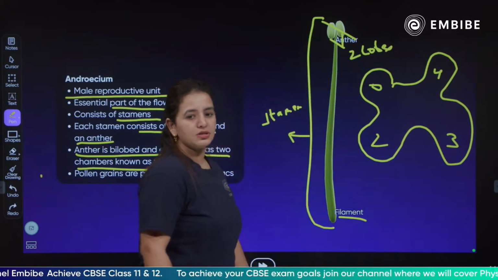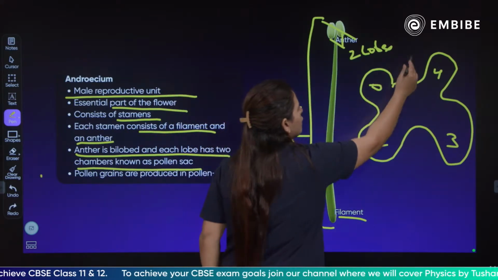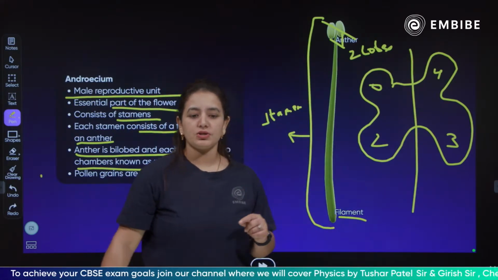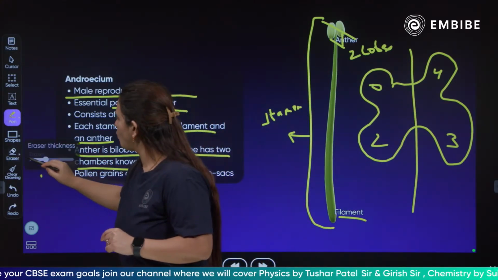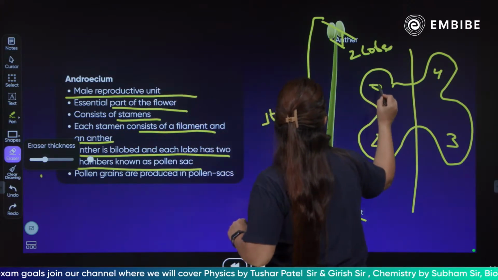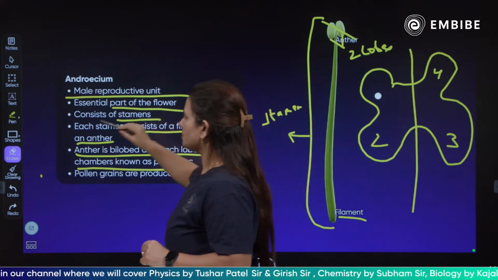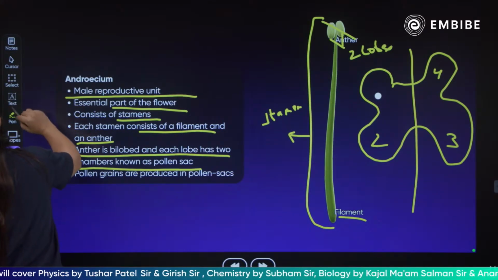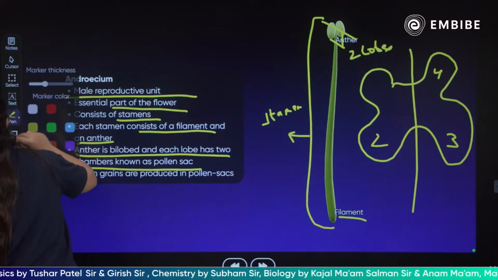Each bilobed structure will have 4 pollen chambers. So the bilobed structure of the anther is part of the stamen.